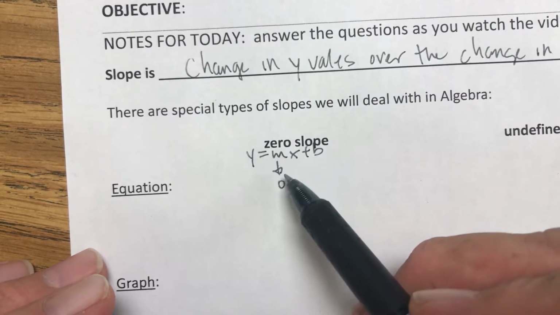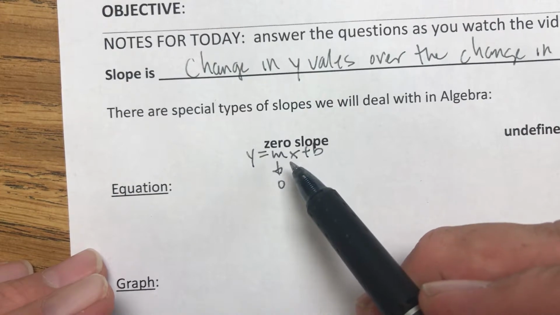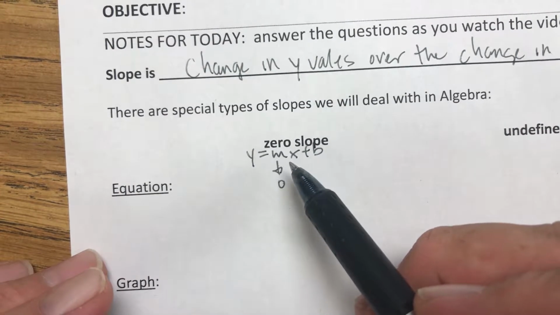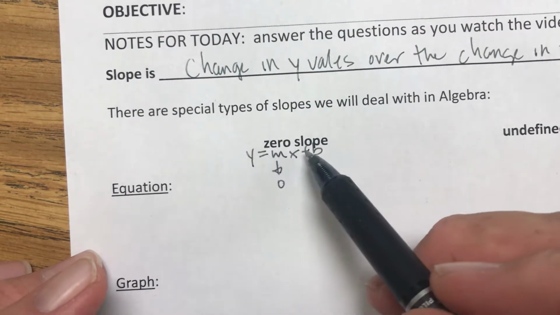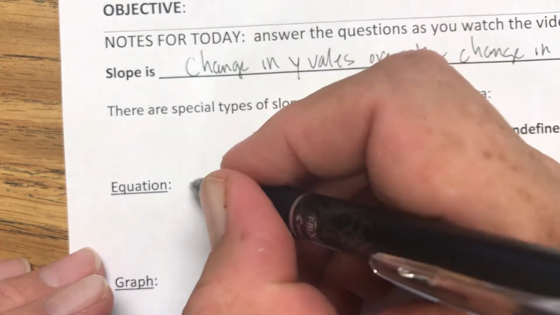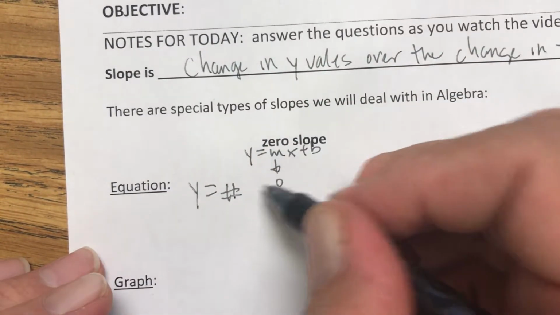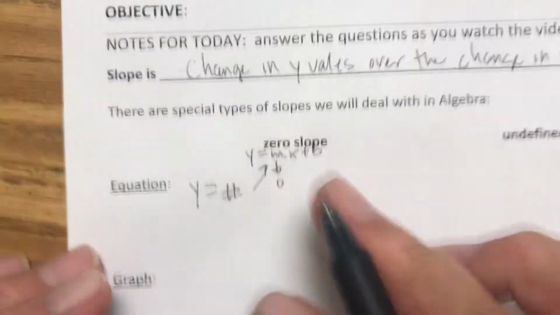So it's like it goes away. Since there's nothing there in math, when there's nothing there, we usually don't write it down. Which is just going to leave us y equal to our b number or y equal to our intercept. So anytime you see an equation where it's just y equals a number, that means that you are going to have a zero slope.